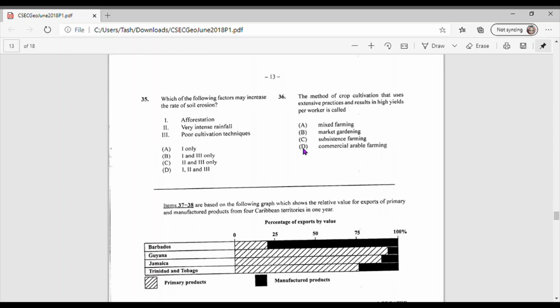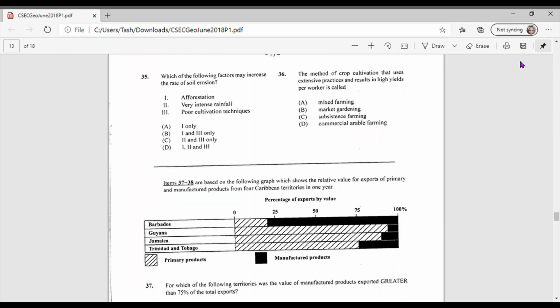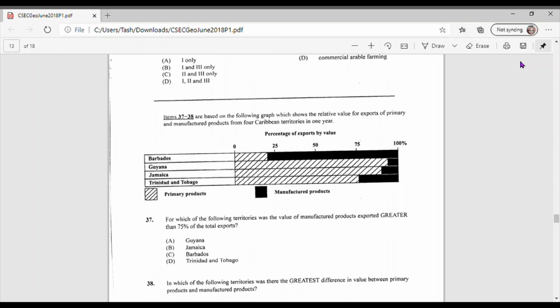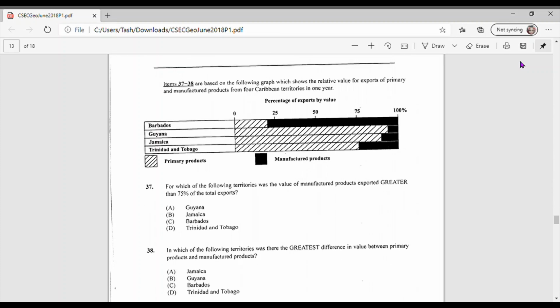So 36, letter D. Numbers 37 to 38 are based on the following graph, which shows the relative value for exports of primary and manufactured products from 4 Caribbean territories in 1 year. So we have Barbados, Guyana, Trinidad, and Jamaica. For which of the following territories was the value of manufactured products exported greater than 75% of the total exports?